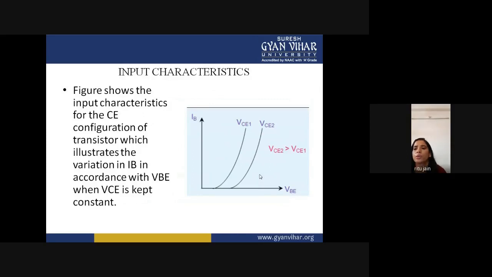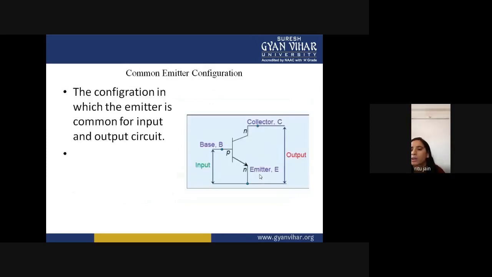You can see here that the input voltage is your VBE, base-emitter voltage, and input current is your base current. So we will draw the input characteristic between IB and VBE, and you have to keep the output voltage, which is VCE, constant.